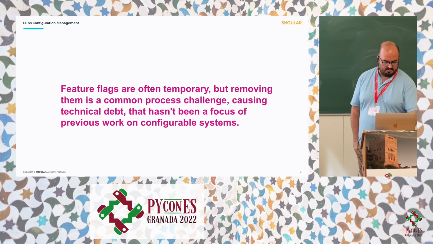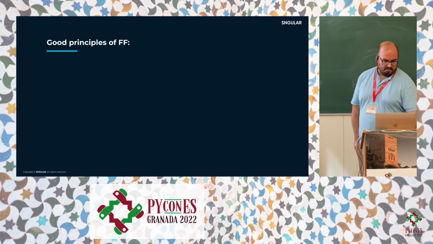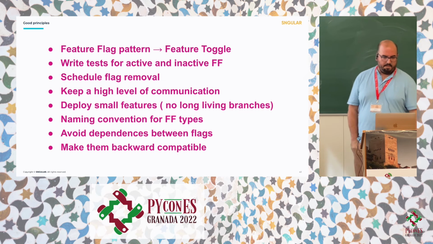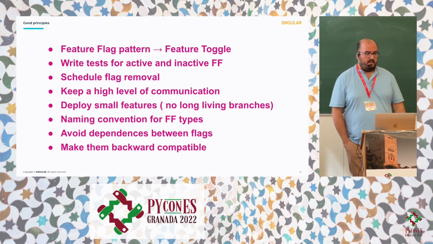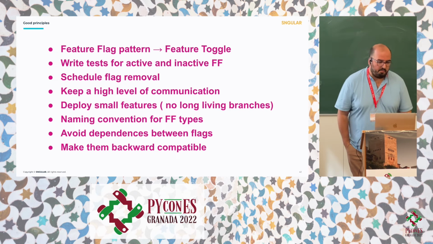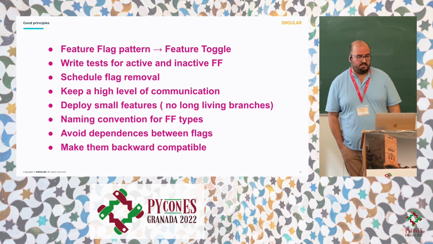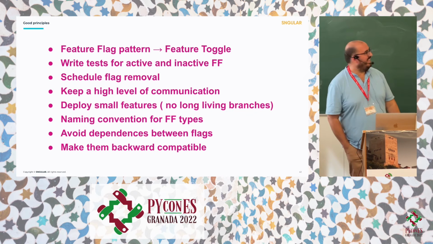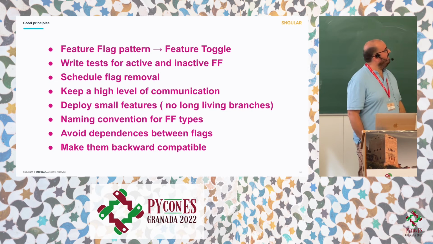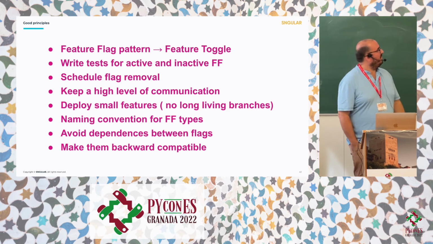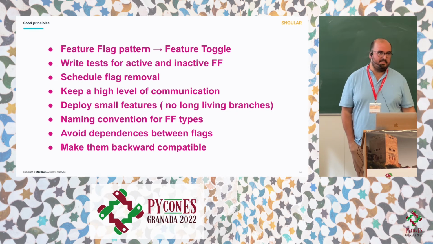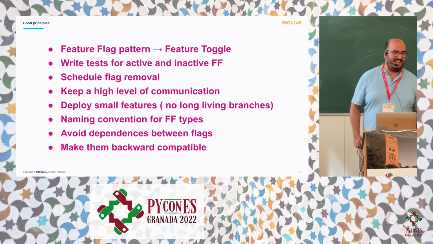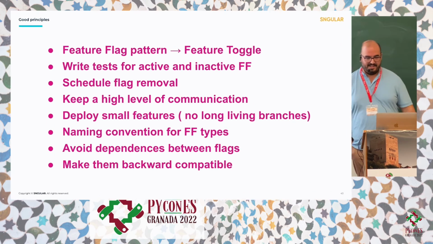Good principles of feature flags. Some people try to use what people call the feature flag pattern, the feature toggle. I tried to code it for Python, but I just found it in Java, and I hadn't enough time to bring that here.